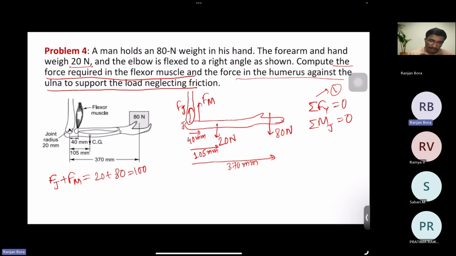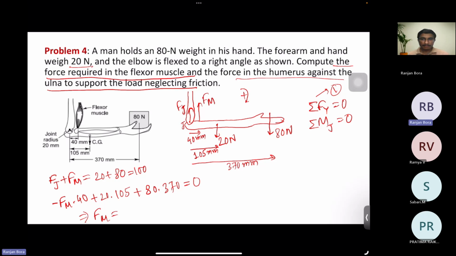Again we assume the clockwise direction as positive. Fm is producing moment in the anti-clockwise direction, so it will be negative: minus Fm into 40. Then 20 Newton is producing moment in the clockwise direction, plus 20 into 105, and plus 80 Newton is again producing in the clockwise direction, so 80 into 370 equals 0. If we solve this equation, we will find Fm.